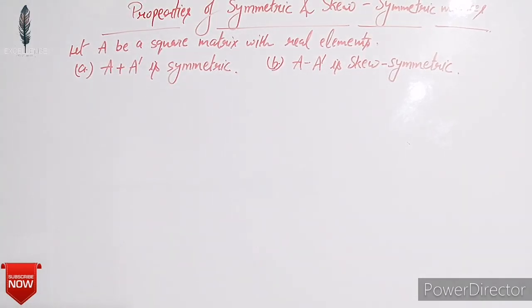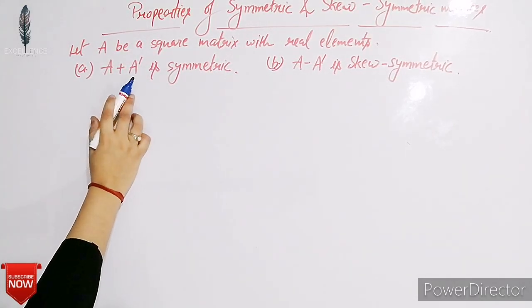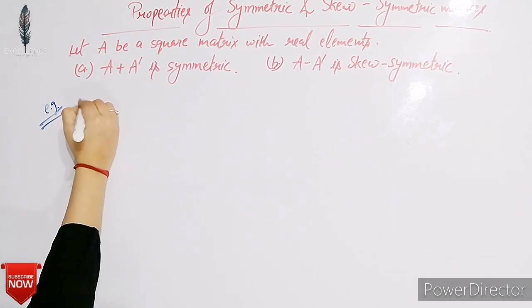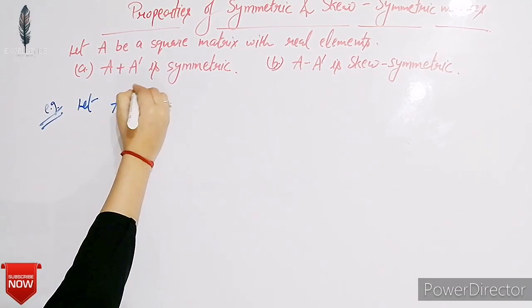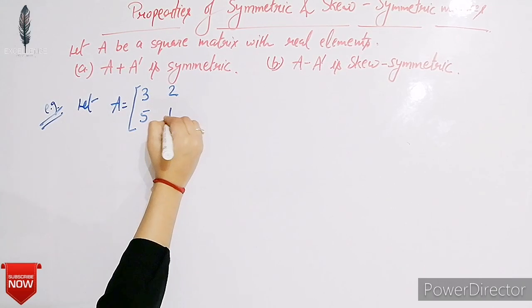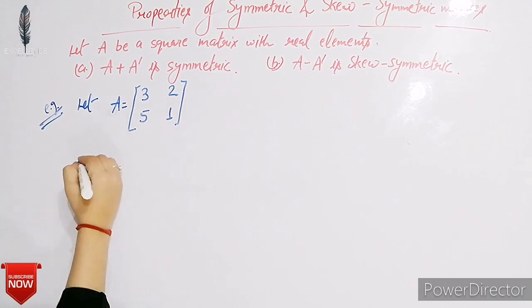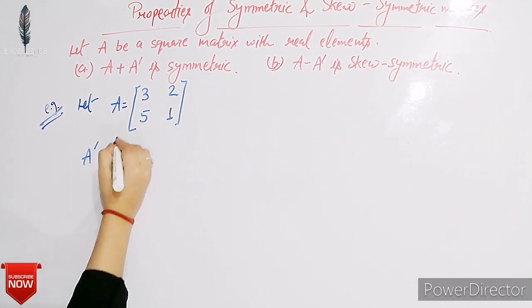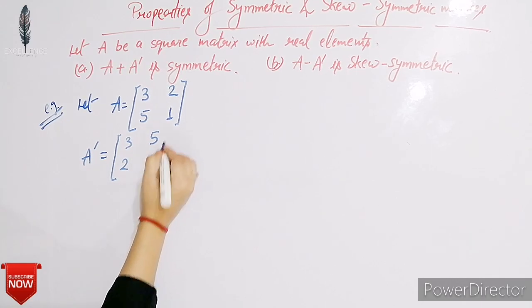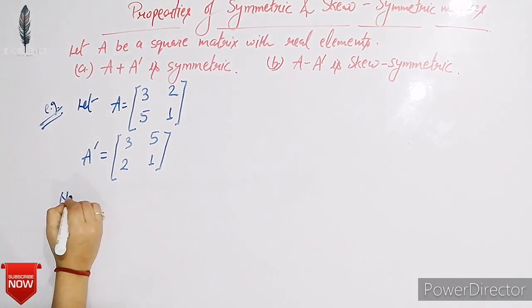Okay, let us clarify this with an example. For the first, let A equal 3, 2, 5, 1, a square matrix of order 2 into 2. Then its transpose A dash is 3, 2, 5, 1. Rows are changed into columns.